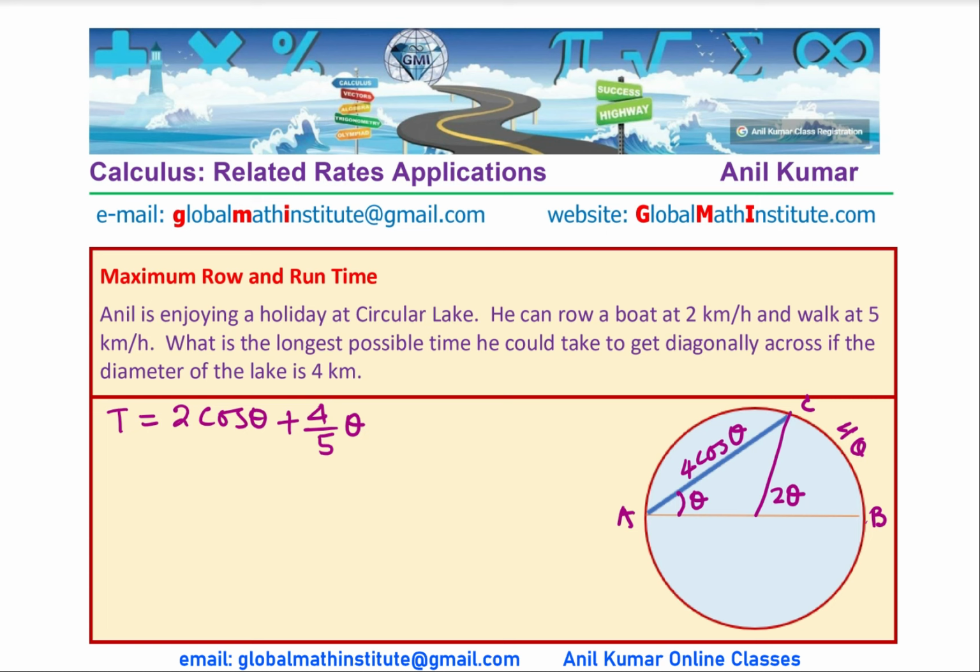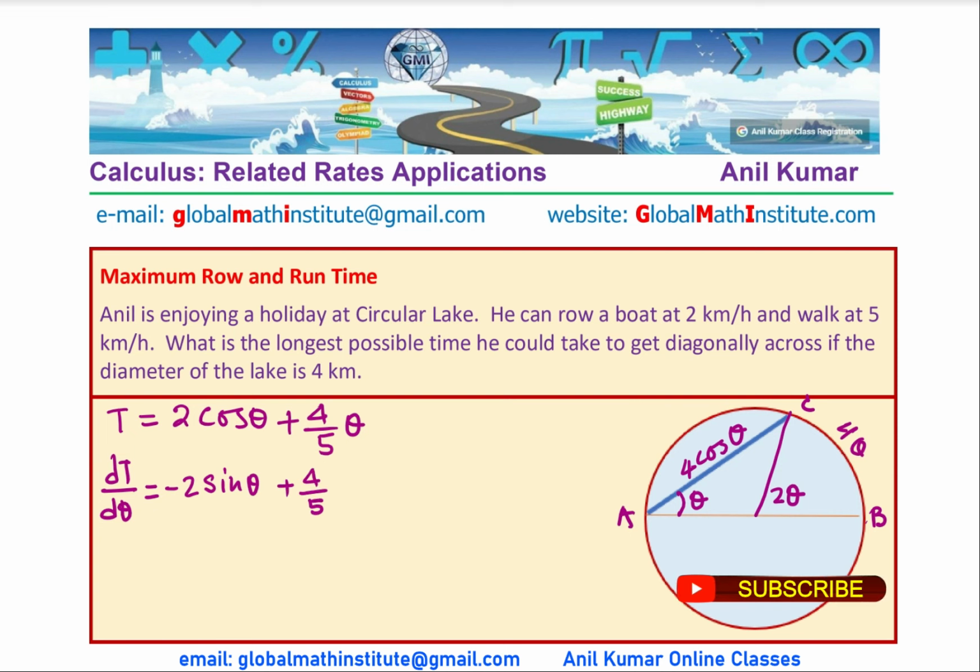Divided by speed, we get the time. So differentiate with respect to theta, because that theta is going to decide at which angle Anil should row the boat, right? So we have dt over d theta equals derivative of cos theta is minus sine. So we get minus 2 sine theta plus 4 over 5.